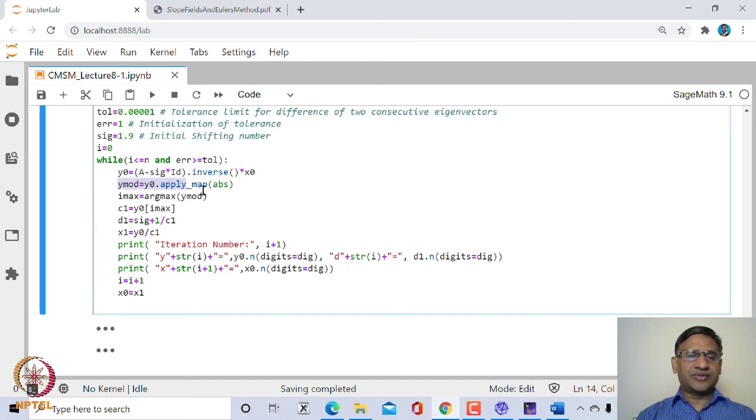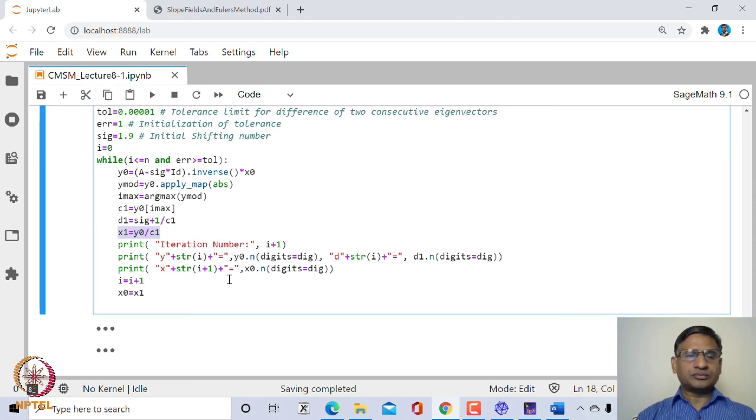And then again define y mod as the modulus of all the entries of y, i maximum as the argument of the maximum, C1 as y1, that is y0 upon the maximum of the yi, define D1 as sigma plus 1 upon C1, and x1 as y0 upon C0, and then print all these: y0, C0 and x1.